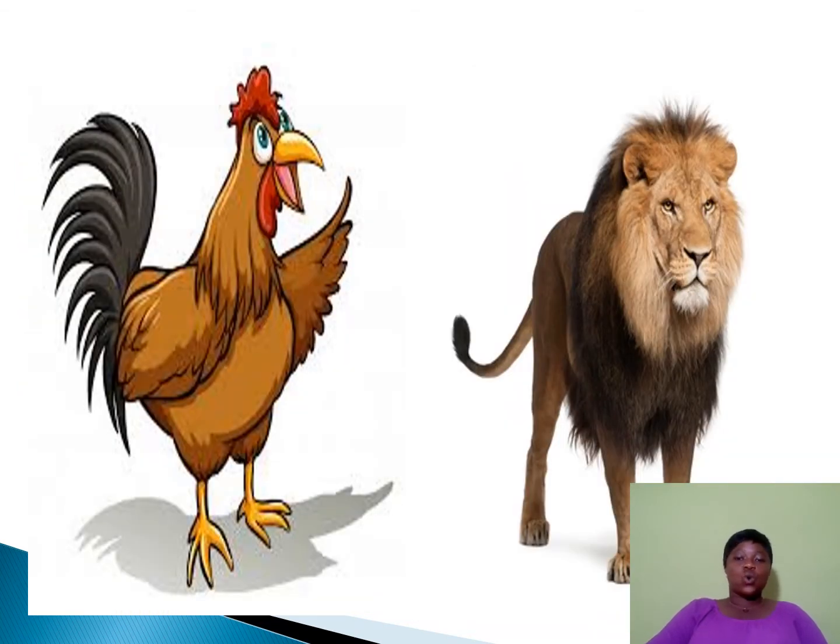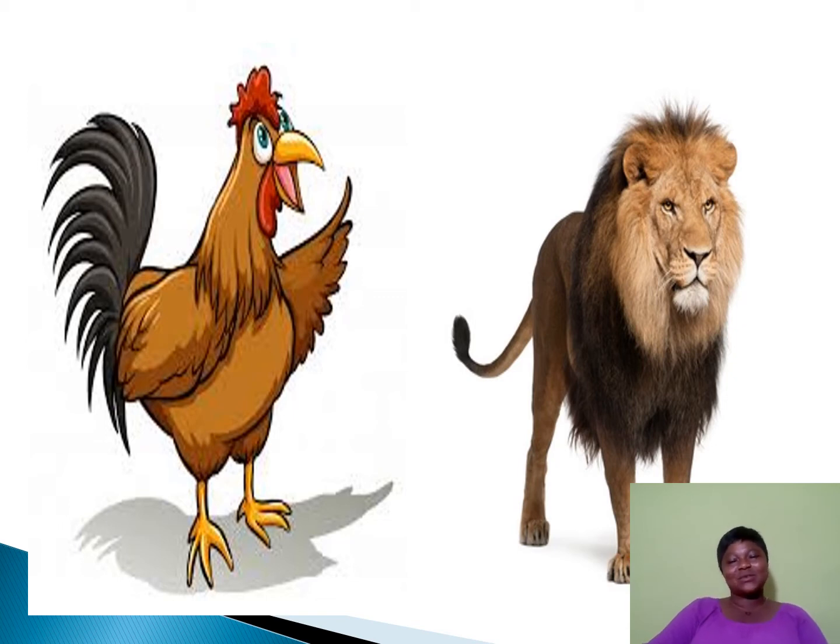Good. This slide is very beautiful. So what is this? Can you identify this animal? A cock. Again, a cock.